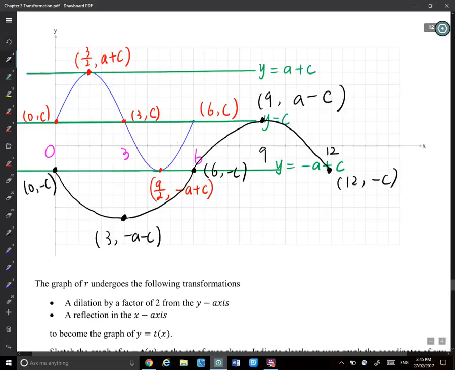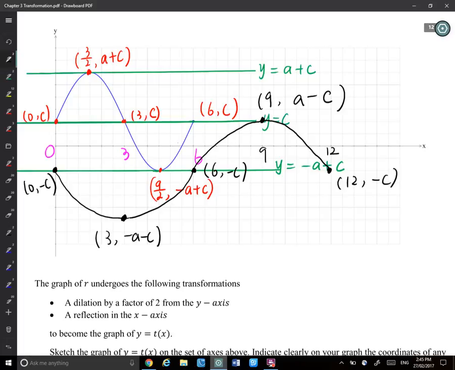So the x coordinates will be stretched twice, and the y values will be reflected in the x-axis. The black graph will be the final graph.